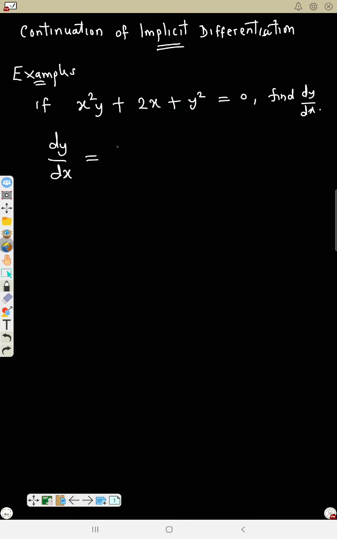So if it is this method, always start with minus, then open a bracket. Now differentiate only x, just like what I did in video 4. Differentiate only x. This one will be x squared. If you differentiate x squared, you are going to get 2x, but remember there is still y.